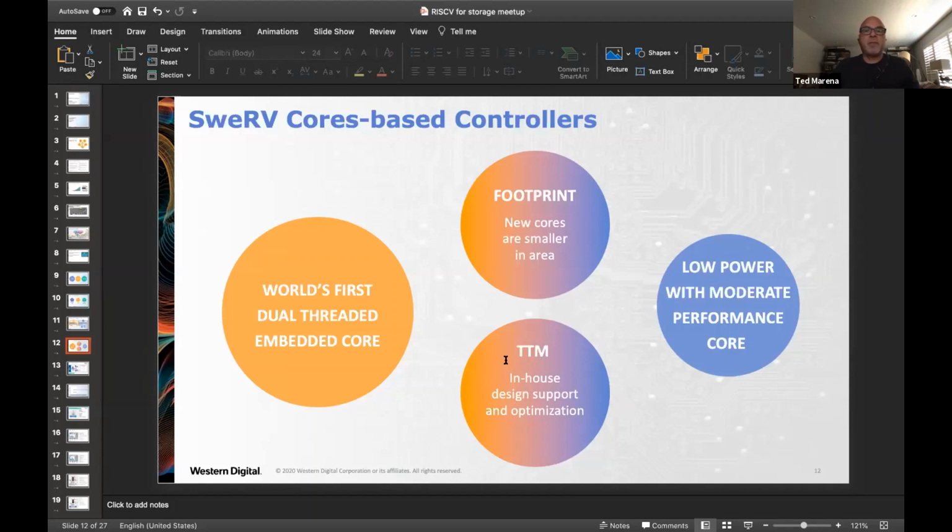So the point here is that the orangish color represents the EH2, and the bluish color is the EL2 core.